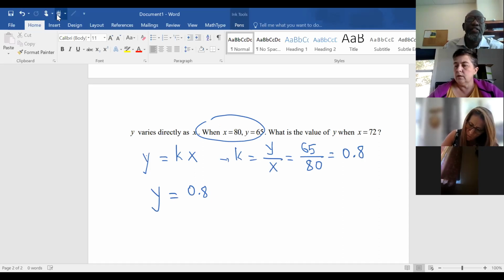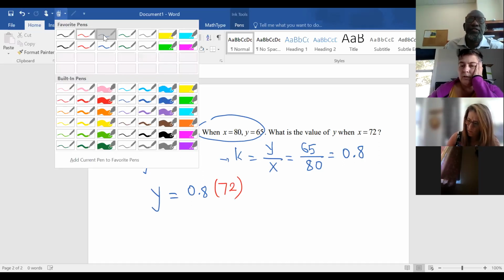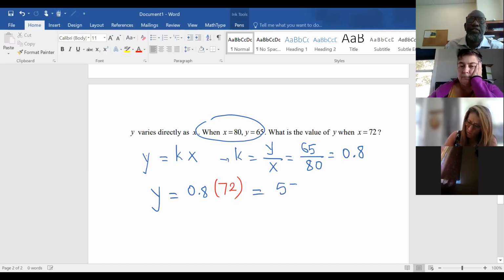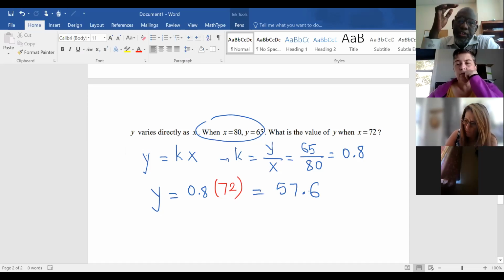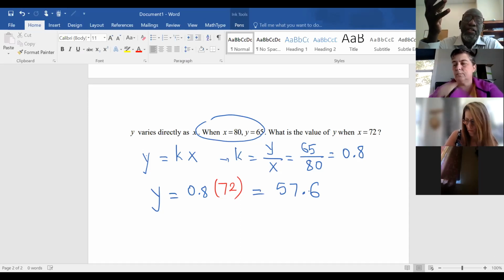Exactly, right? Now that you know x, it's 0.8 times 72, which is how much? 57.6. 57.6, right?